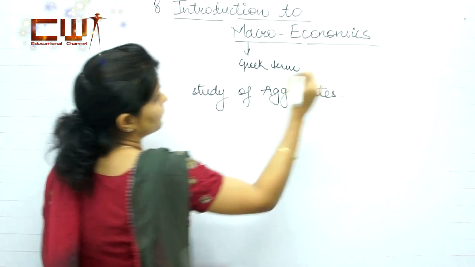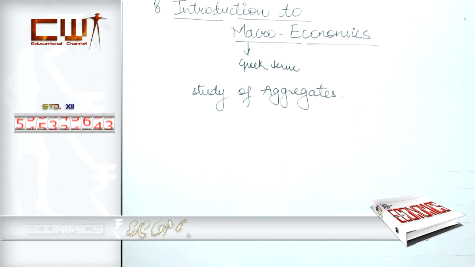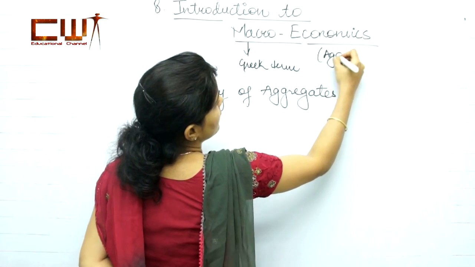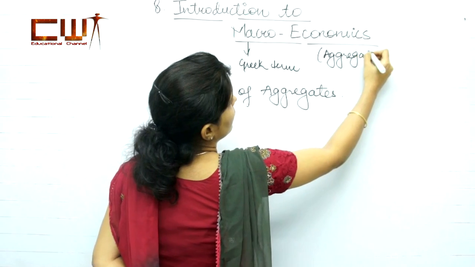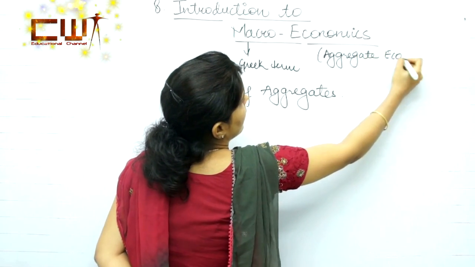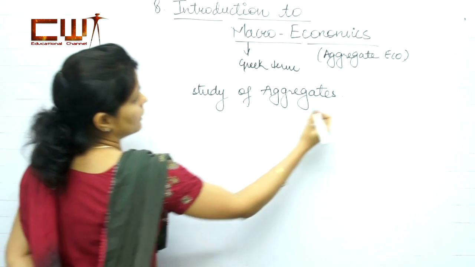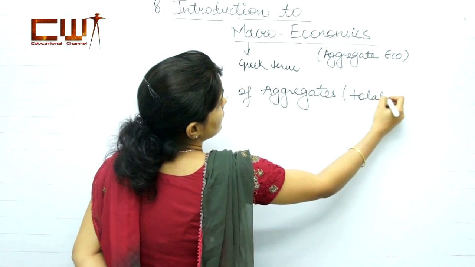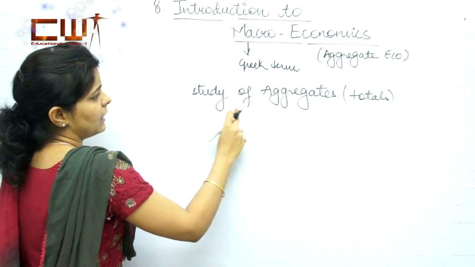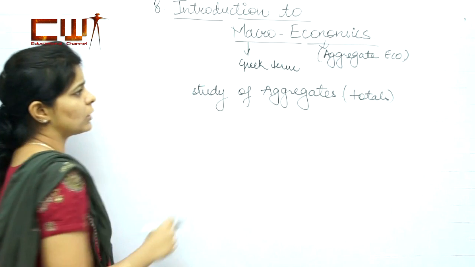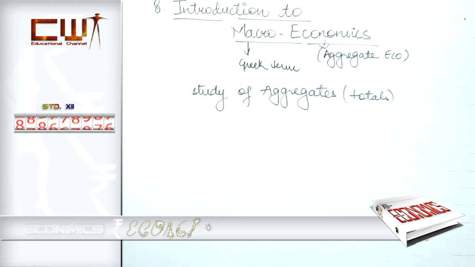Macroeconomics is also known as aggregate economics. When you study the aggregates or the totals, that is known as aggregates, and that is why macroeconomics is also known as aggregate economics.